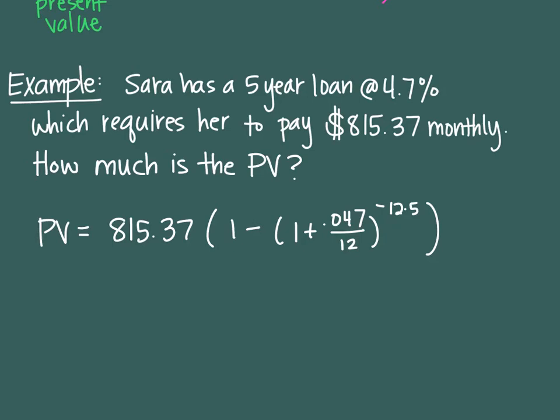It's important that you include that as negative, otherwise your answer will not make sense in the long run, and that whole thing has to be divided by 0.047 over 12.